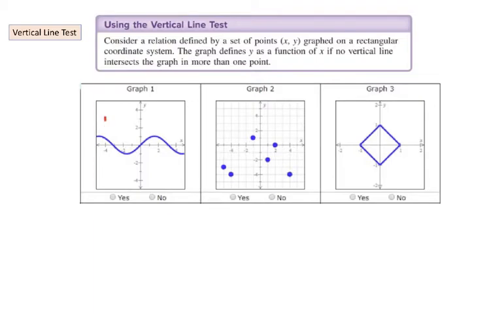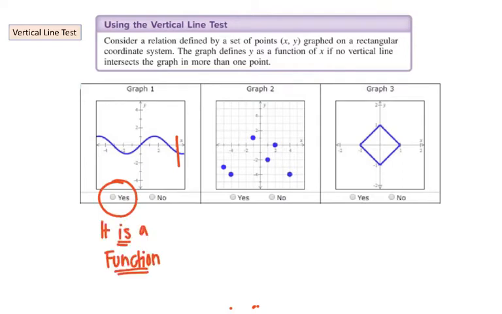So imagine I'm holding up my pencil in front of graph 1, and I quickly move it from left to right across this graph. At any time, that vertical line is only crossing the graph at one point. So in this case, you would say yes. Okay, let's look at the second graph.